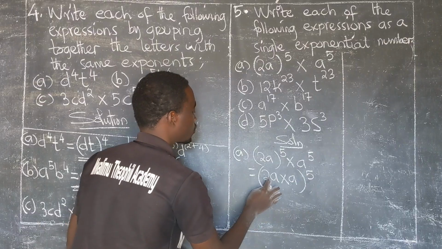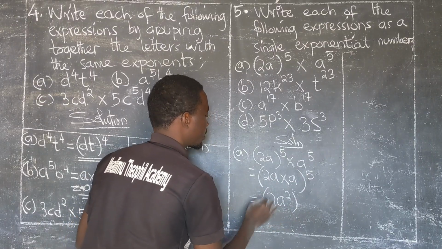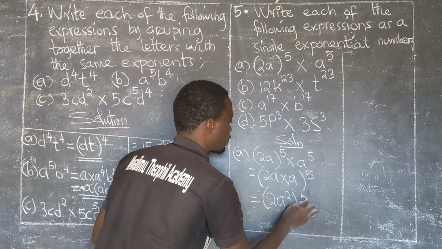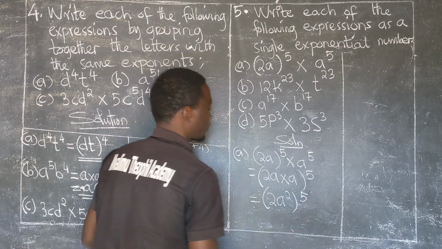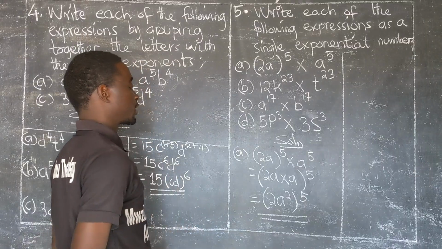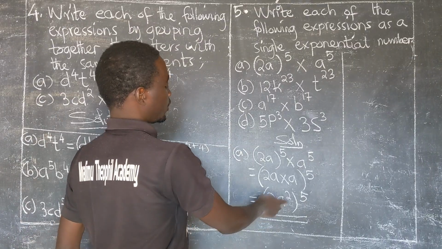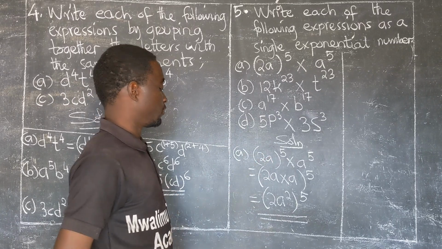Now 2a times a is 2a squared, exponent 5. This is the answer. Now we have expressed it as a single exponential number. The answer will be (2a squared) raised to 5.